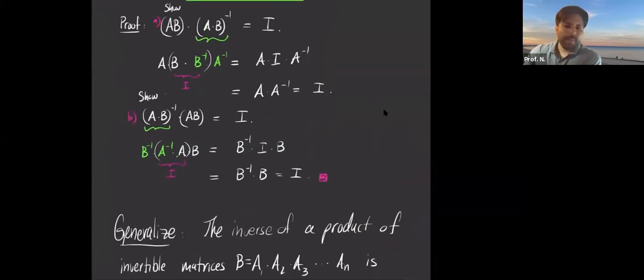Yeah, the I goes away because when you multiply by I, it's like multiplying by 1. What happens when you do 5 times 1? It's just 5, right? So the I is like 1. It represents 1 in this world of matrix multiplication. That's why the I goes away here. But when you multiply a matrix with its inverse, you get I back. You get 1 in the matrix world of multiplication.